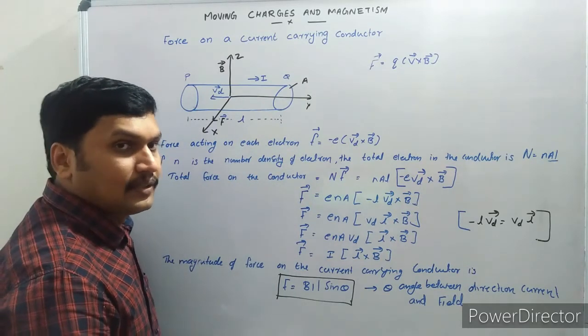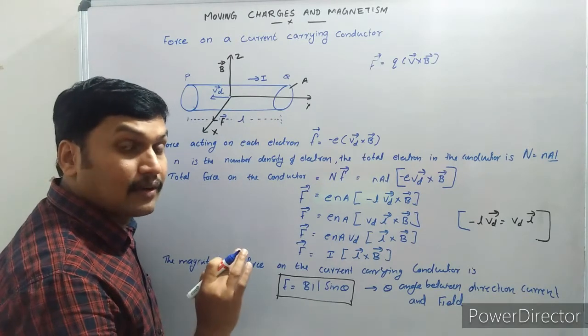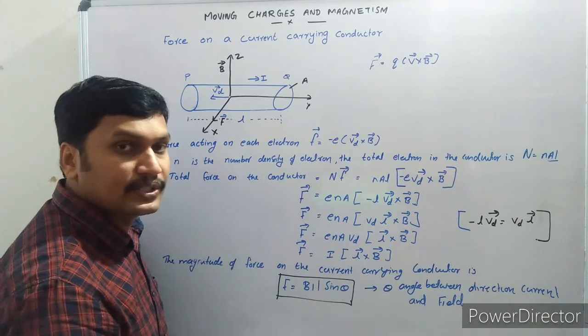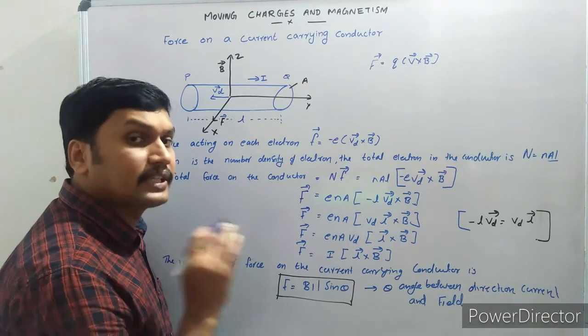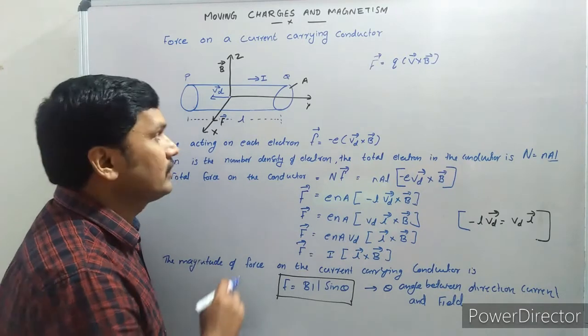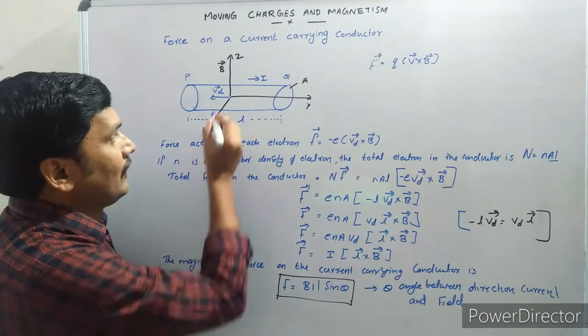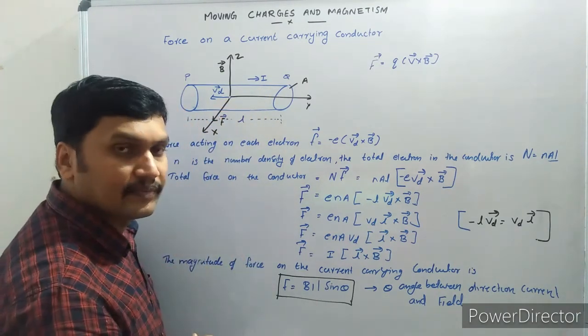We know that the electrons in this conductor flow in the direction opposite to the current with a very small velocity known as drift velocity. So consider one electron moving with a velocity Vd opposite to the direction of current.